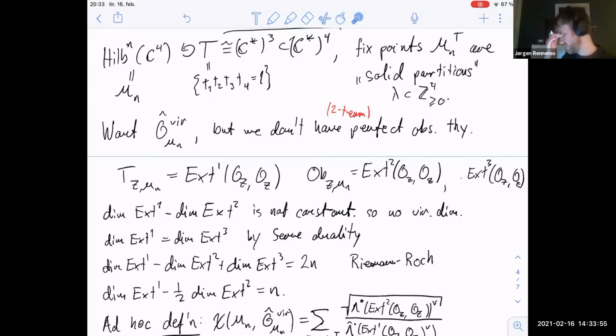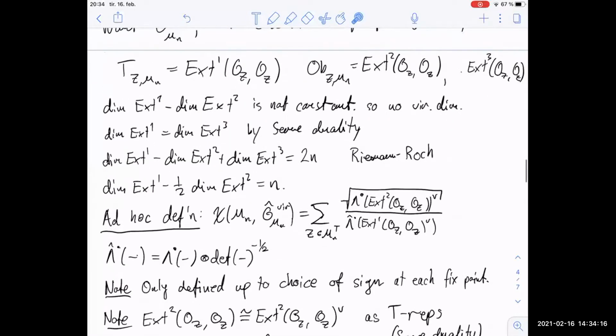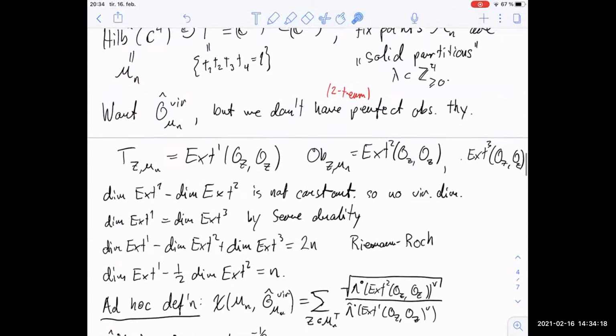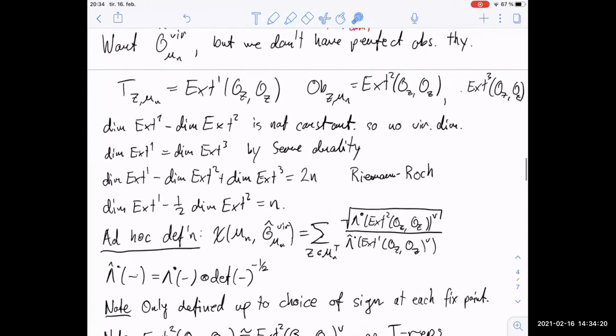Now, as for exactly why you need it to be T equivariantly Calabi-Yau, I'm not sure I can point to the specific place where things break. Well, for instance, that square root wouldn't be a square root.